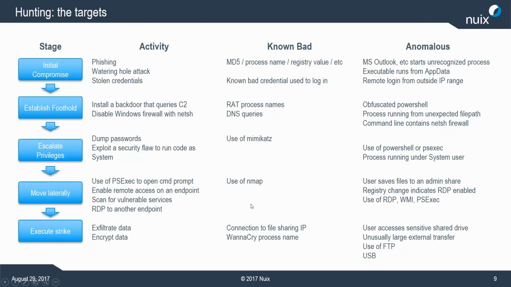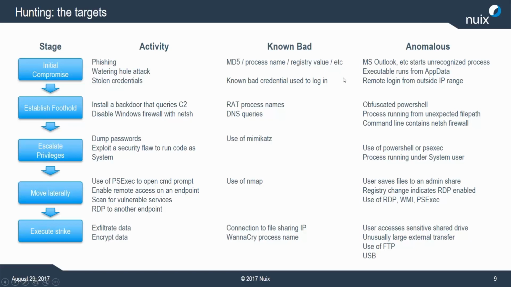So these are known bad, and these are certainly things that we can look for across our kill chain here. Finding these is going to certainly enable us to zero in and start up an investigation on a particular compromise or intrusion, and may be able to enable us to stop something from actually turning into a major breach.